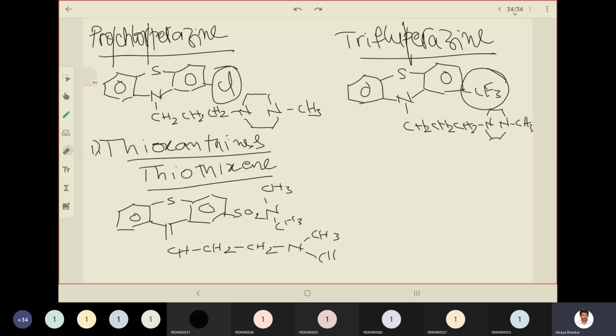Instead of having two methyl groups attached to it, you have a piperazine ring. Piperazine ring. Okay, to this piperazine ring, we have CH.